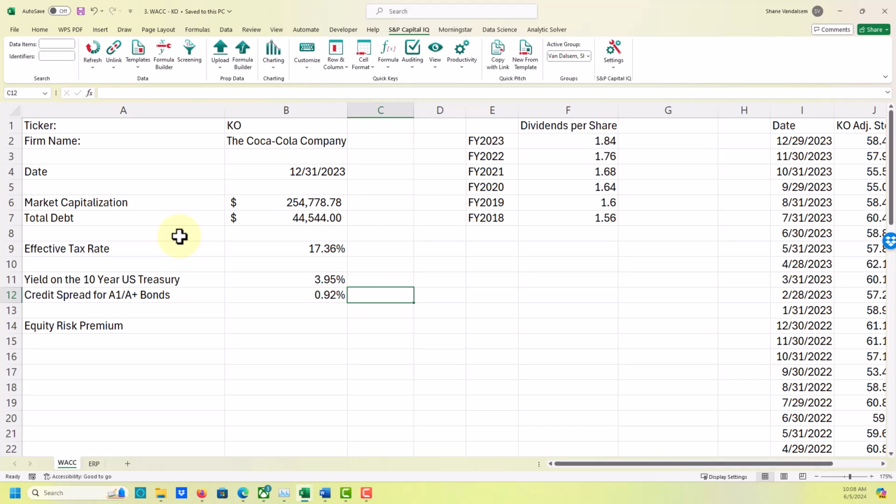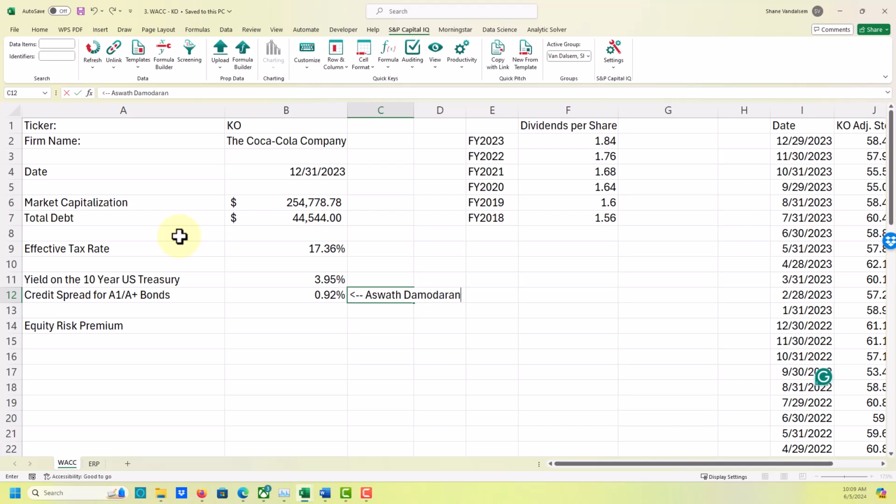The credit spread is the additional return that investors require on that credit rating of a bond above the risk-free rate, above the yield on the U.S. Treasury. Where I got this piece of information: if you go out and search online for Aswath Damodaran, he maintains a great website.